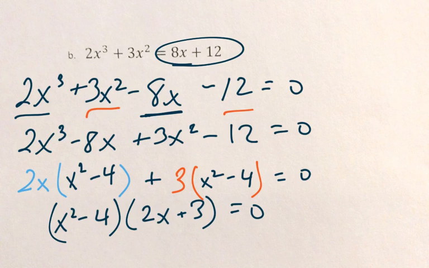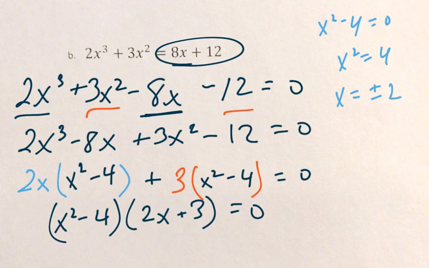Now I'm going to take each of these factors and set them equal to 0. I'm going to do that in blue on the side. So x squared minus 4 equals 0, so x squared equals 4. We're going to take the square root of both sides, which gives us x equals the plus or minus answer, remember, and the square root of 4 is 2. So this is two of our solutions.